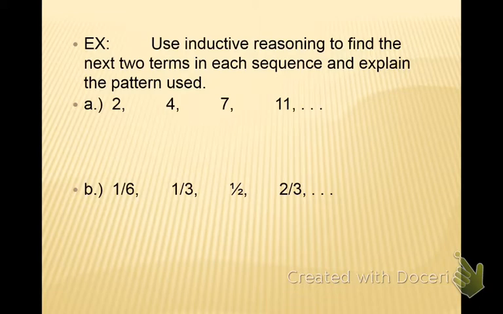We're going to use inductive reasoning to find the next 2 terms in each sequence and explain the pattern. So what do you think the next two terms would be? And then the challenging part is explaining why.